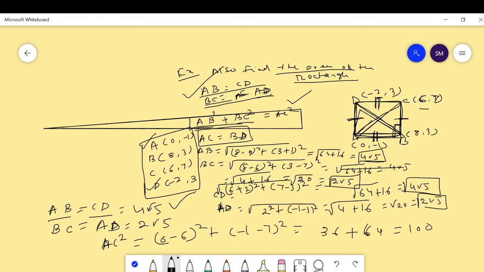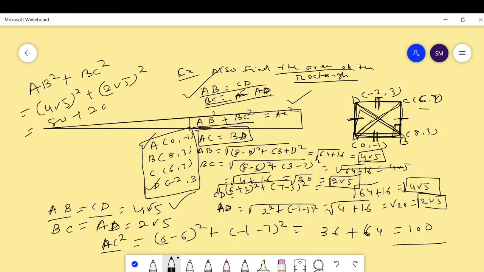Here we find AC square is equal to 100. Then we have to find out AB square plus BC square. AB square is equal to (4 root 5) square plus (2 root 5) square, which is equal to 80 plus 20, which is equal to 100.